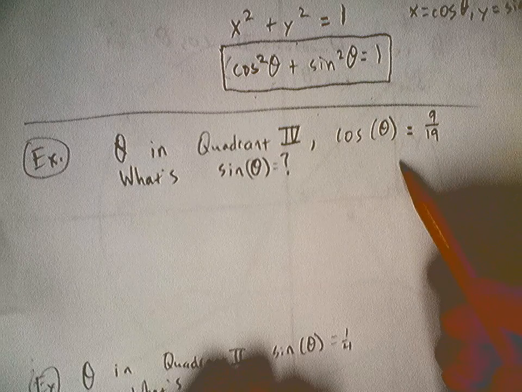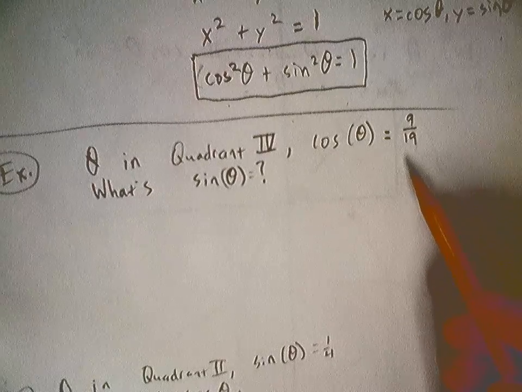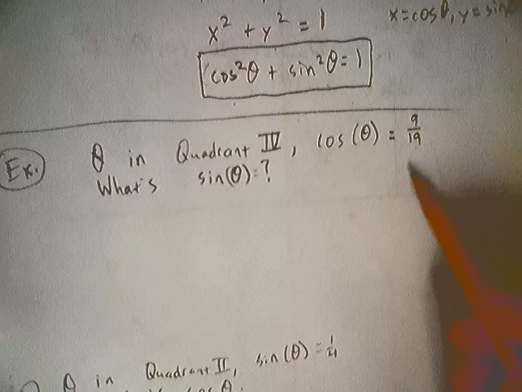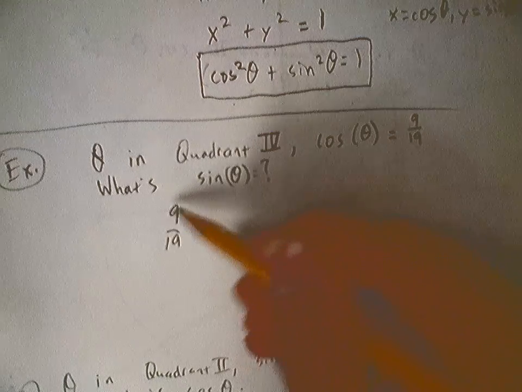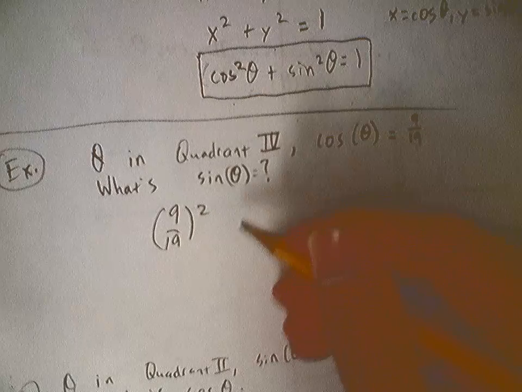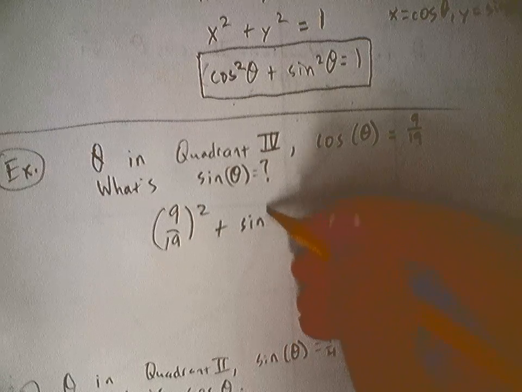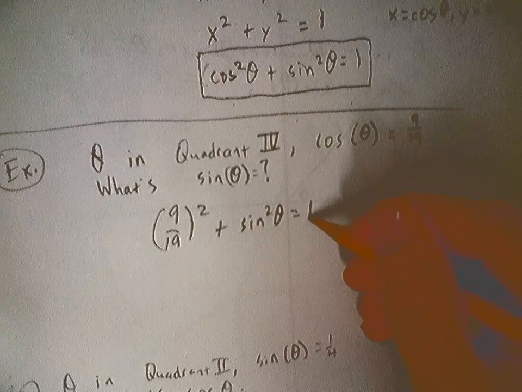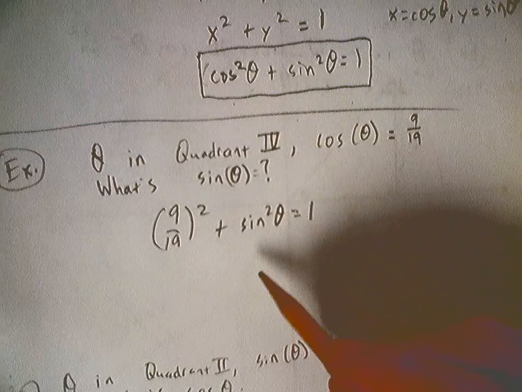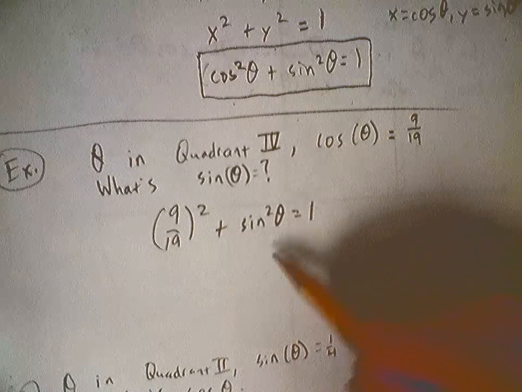So the first thing I'm going to do is plug in that cosine of theta. I know that to be 9 over 19. So (9/19) squared plus sine squared of theta equals 1. So I'm going to solve this for sine of theta.